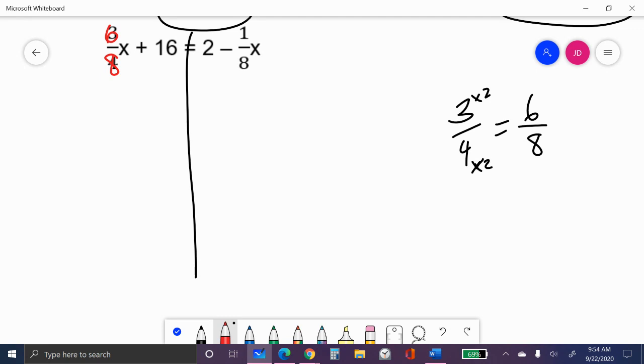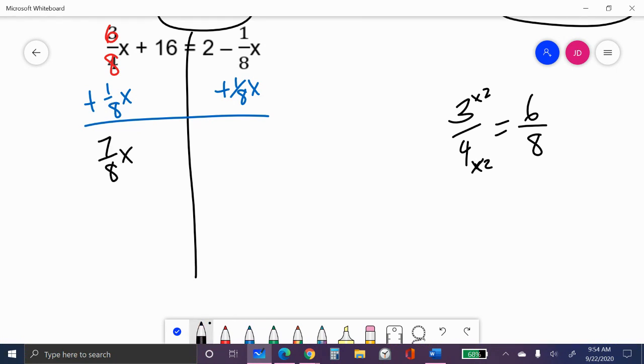All right. Now, I'm going to add 1/8 to both sides since 1/8 is smaller. Six eighths plus 1/8 is 7/8. Bring down the 16 and the equal sign and the 2, right?